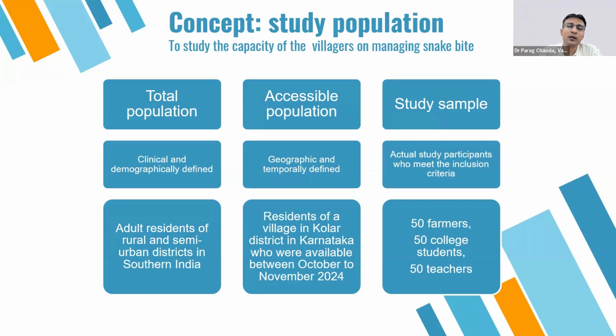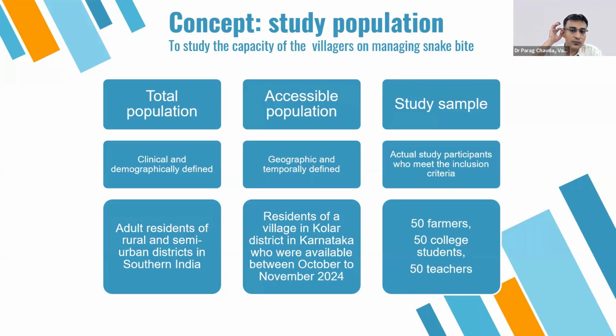So it applies to the population of other villages as well. Beyond that, it probably has limited value. In other districts or other states, the proportion of people who have that correct knowledge might be a little different, right? So that's your total population or reference population on whom you wish to extrapolate your study findings.